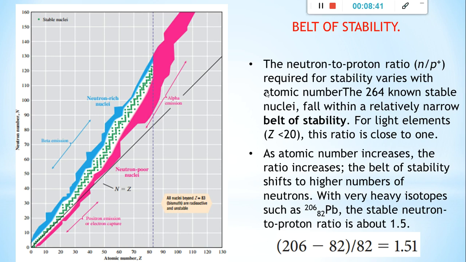With very heavy isotopes such as lead 82, the stable neutron to proton ratio is about 1.5. We should take note that the maximum neutron to proton ratio is 1.51.